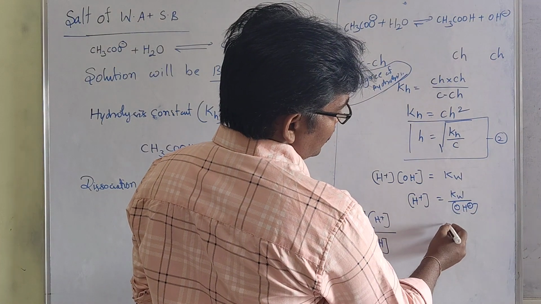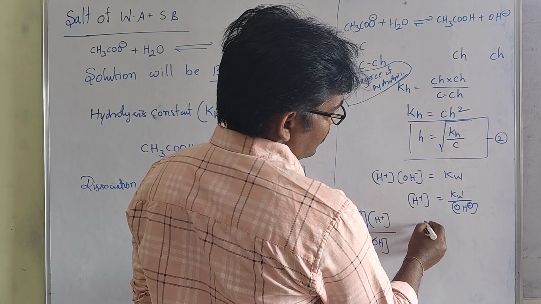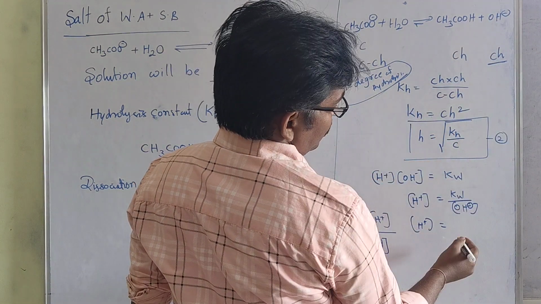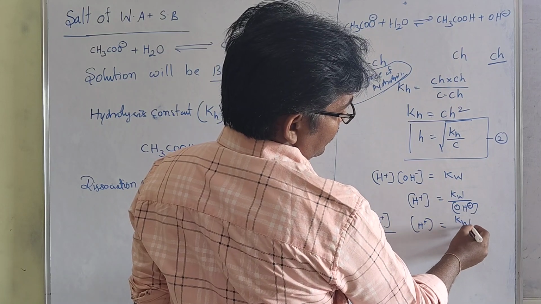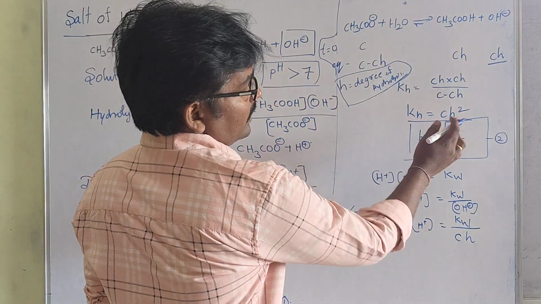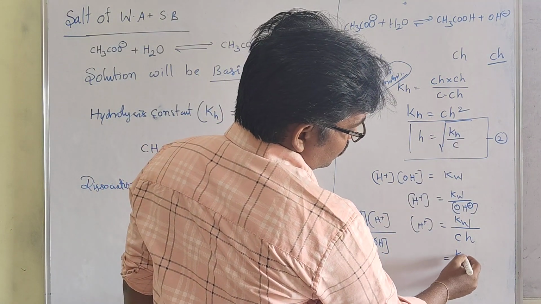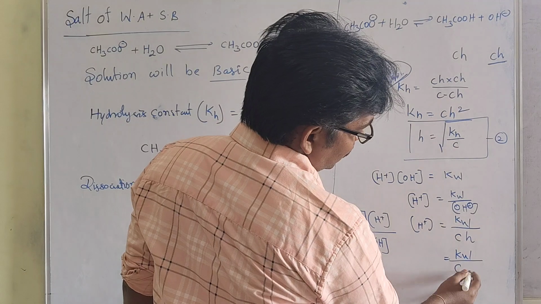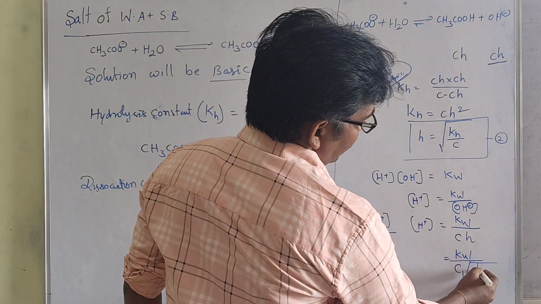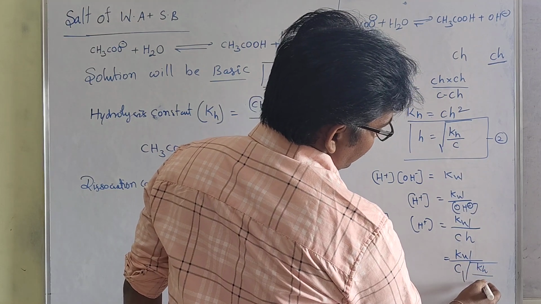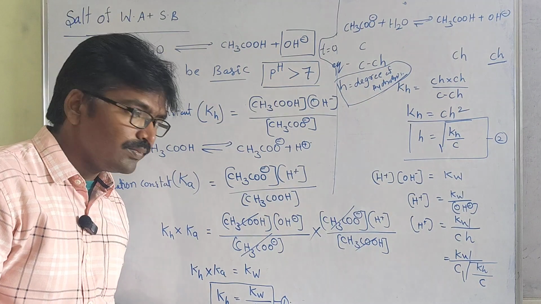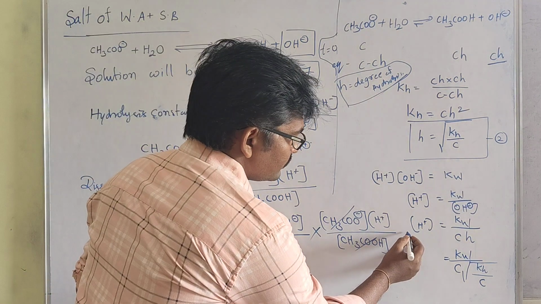What will the OH minus ion concentration be? OH minus ion concentration is Ch. So Kw divided by C into h. What will the h value be? It is the square root of Kh divided by C. What will the Kh value be? This is the Kh value from here.